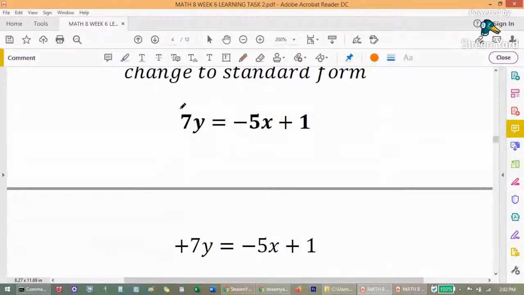una, ilagyan pala muna natin ng plus yung 7. Okay, nilagyan natin ng plus yung 7 kasi magkakaroon siya ng bagong katabi dito. Okay? So, pag hindi natin nilagyan ng plus to, pag nilipat natin tong negative 5x, magiging 5x 7y. So, kailangan lagyan muna natin ng plus dito.